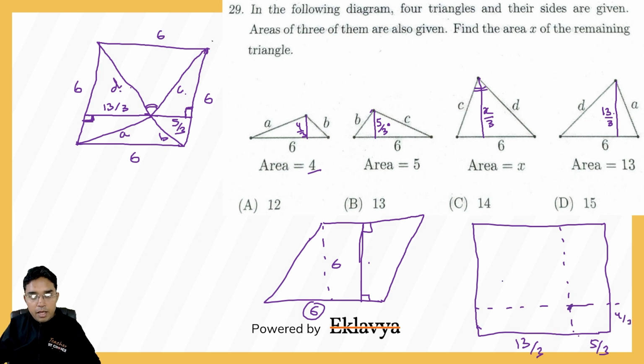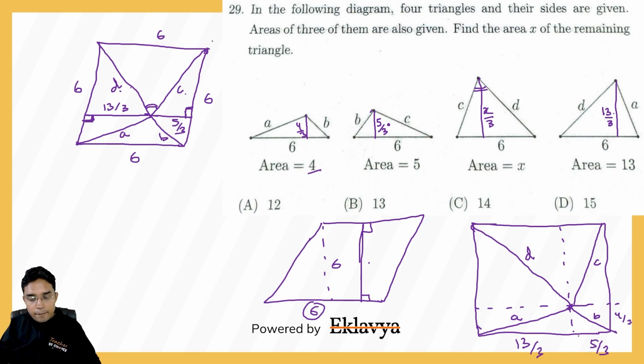So suppose your A, B, C, D are given such that we get a point here, and this is A here, this is B here, this is C here, and this is D here. Then definitely we will be able to get the area of this remaining triangle. How we will be able to do it?